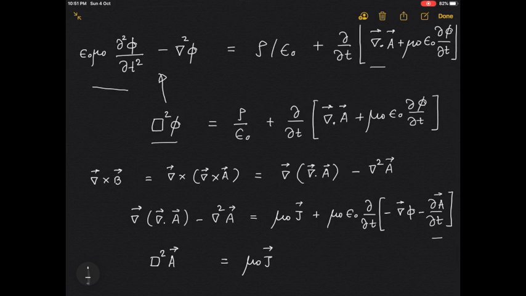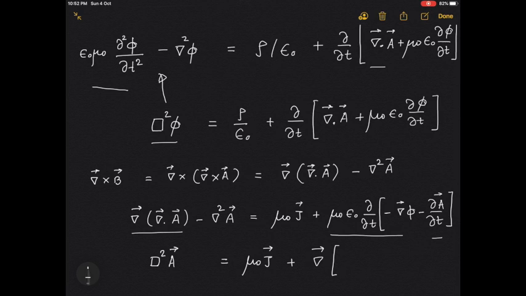I get mu 0 J plus this and this combined, where I can take the gradient outside.